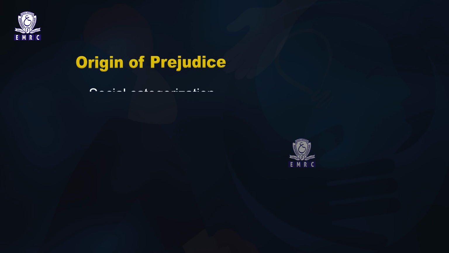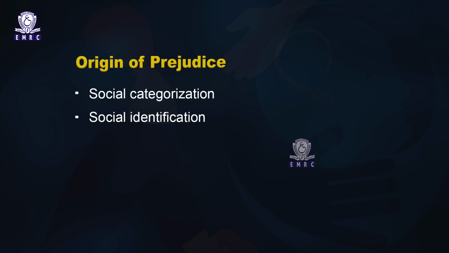Social identity theory is built on three key cognitive components: one, social categorization; second, social identification; and third, social comparison. Coming to social categorization.